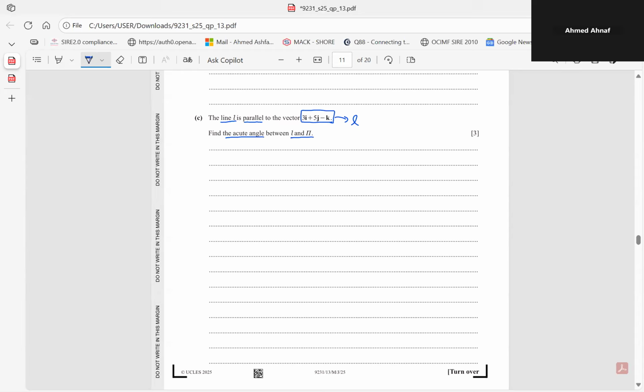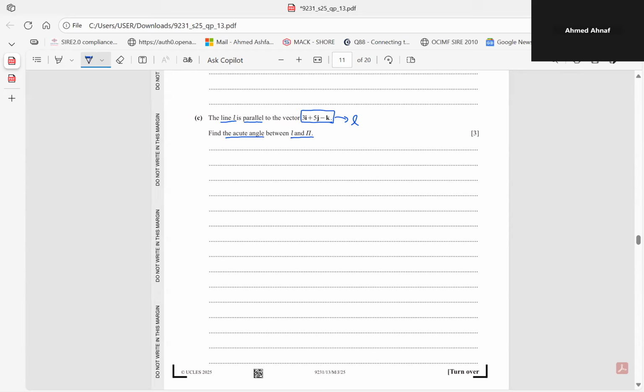But we can also get an obtuse angle, like this, when we take the dot product between the normal vector and L. So this would just be 90 plus theta.